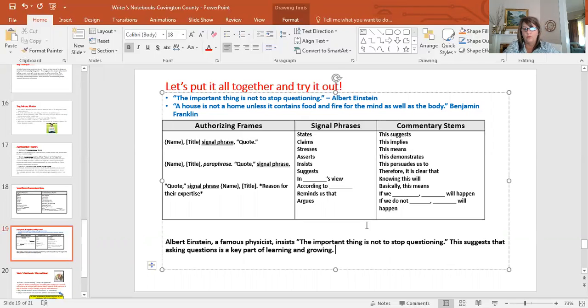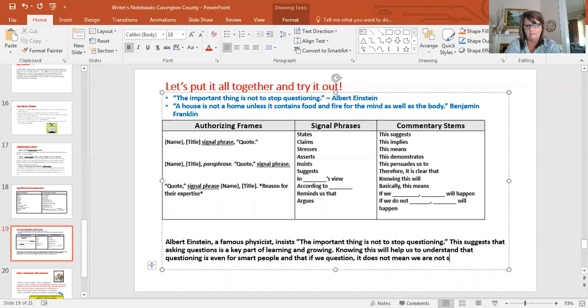Knowing this will help us to understand that questioning is even for smart people, and that if we question, it does not mean we are not smart.